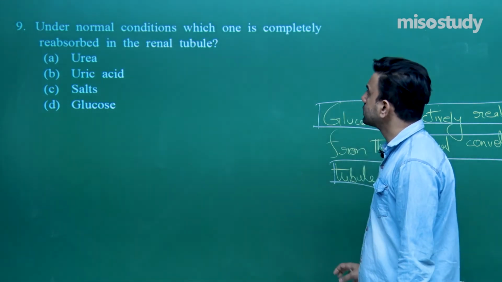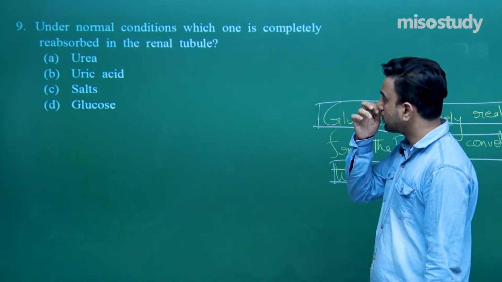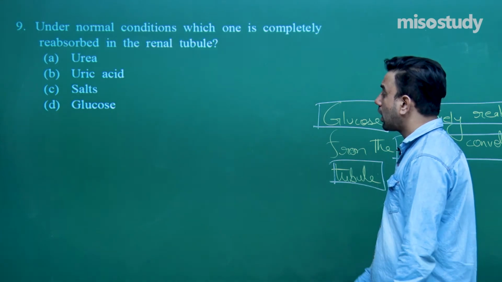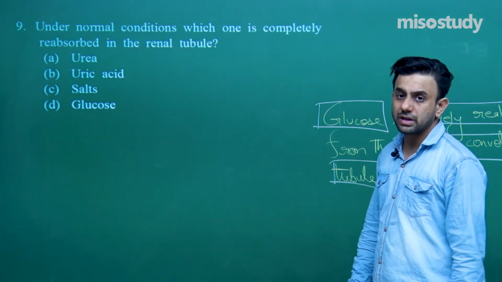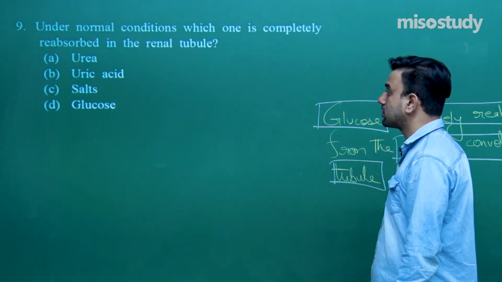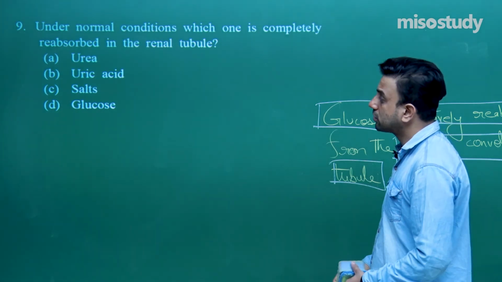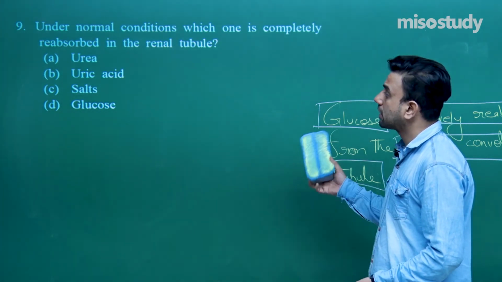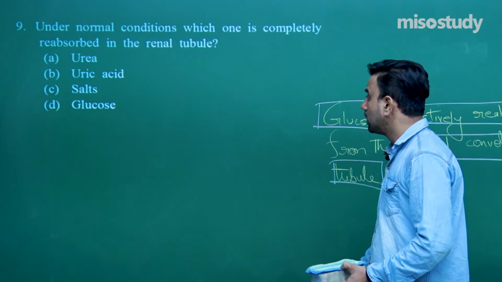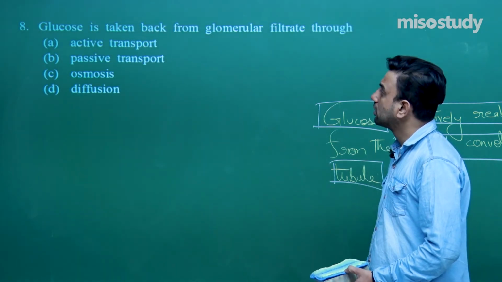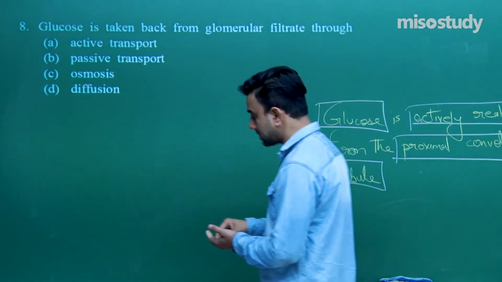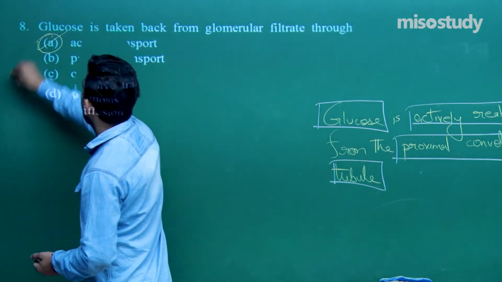Under the normal conditions, which one is completely reabsorbed in the renal tubule? Now, they have asked this also many times: the one which has a high renal threshold is glucose, and glucose will be completely reabsorbed. I didn't mention this: this is the active transport.